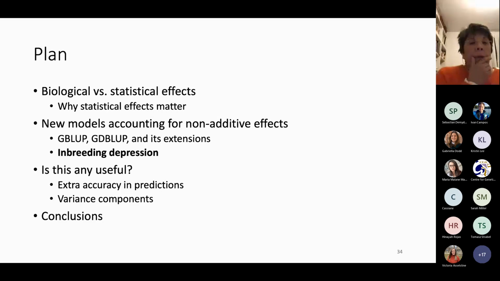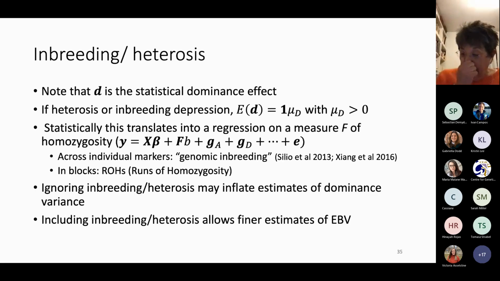In general, when we talk about non-additive effects, we talk also about inbreeding depression. Okay, why do we talk about inbreeding depression? Because the theory of quantitative genetics attributes inbreeding depression to the presence of directional dominance. What that means is that we have a higher percentage of positive than negative dominant effects.